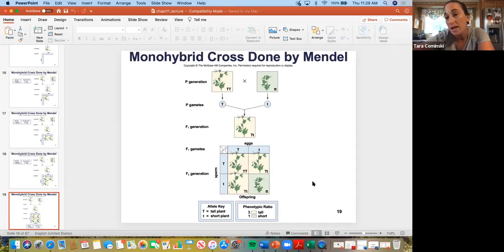And then I may ask you about the genotypic ratio, or the frequency. You should be able to figure out from this that it's 25% homozygous dominant, 50% heterozygous, because it's 2 out of 4, and then 25% chance of being homozygous recessive.